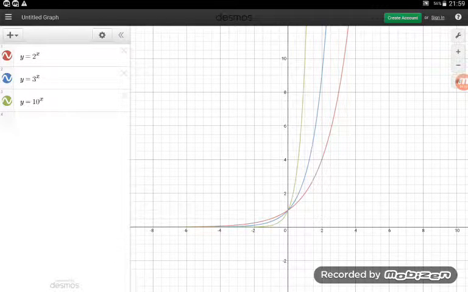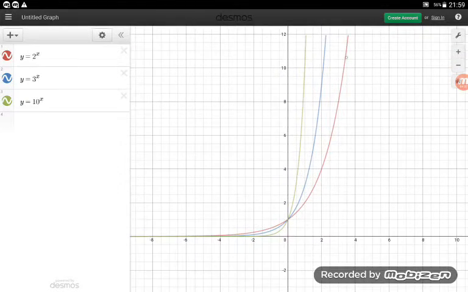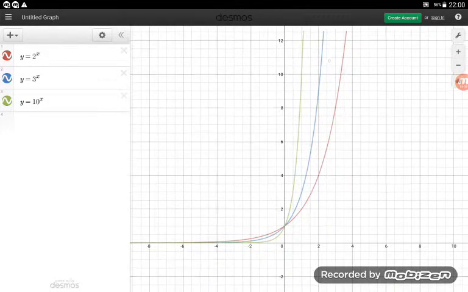Here I have opened up Desmos, and I have y equals 2 to the power of x, y equals 3 to the power of x, and y equals 10 to the power of x. The red one is 2 to the power of x.